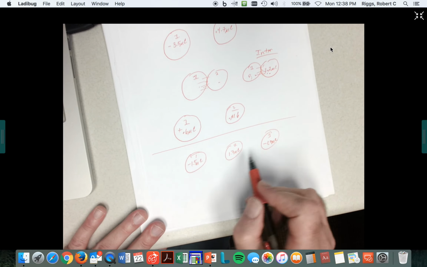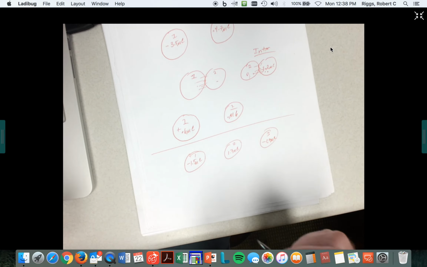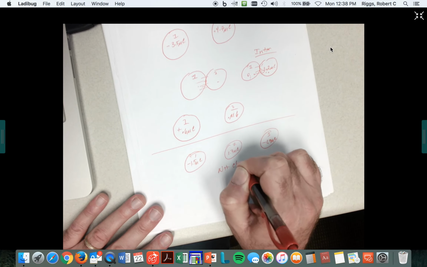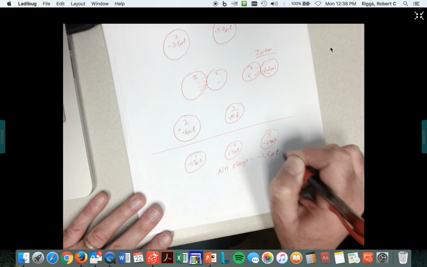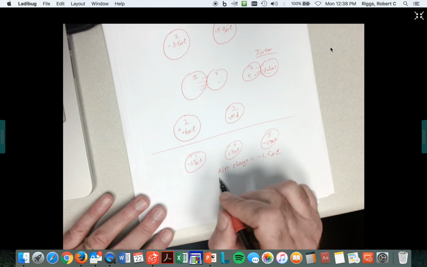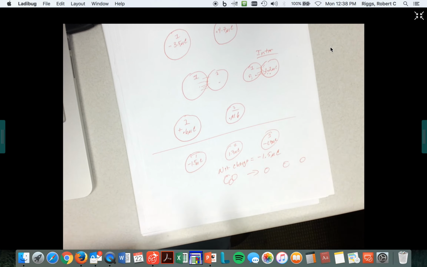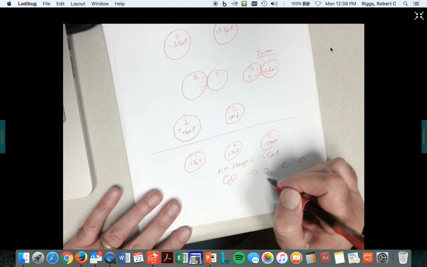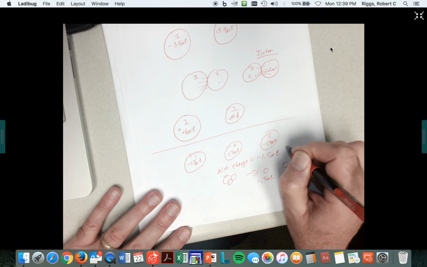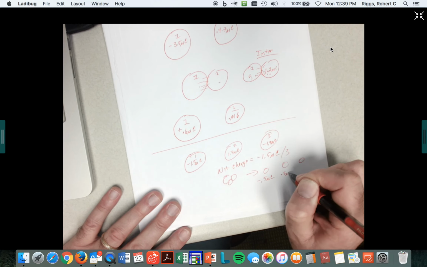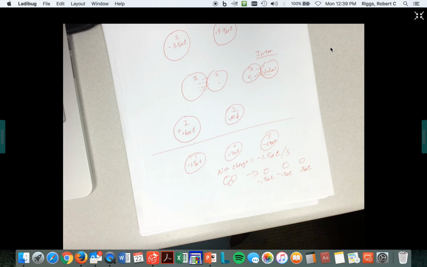Algebraically, I could just add; those two cancel out, and I wind up with the net charge in the whole system equal to negative 1.5 microcoulombs after I bring them together. Then I separate them, and they'll distribute themselves out evenly. So each one should have negative 0.5 microcoulombs, because I can just divide that by the 3 spheres. And there you go.